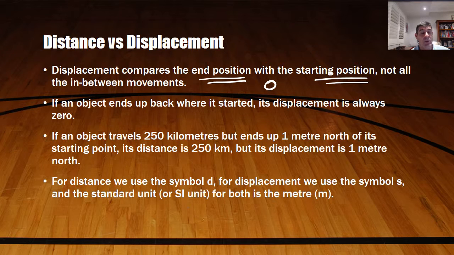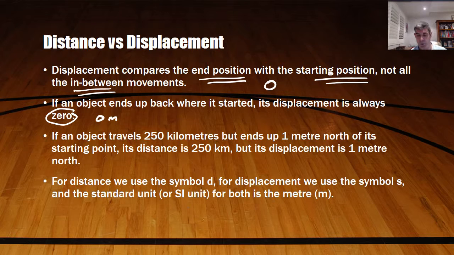With displacement, we don't worry about what's happening in the in-between movements. We don't worry about the whole of the motion. We simply look at the starting point and the end point. So if an object were to end up back where it started, then the displacement will always be equal to 0 meters.